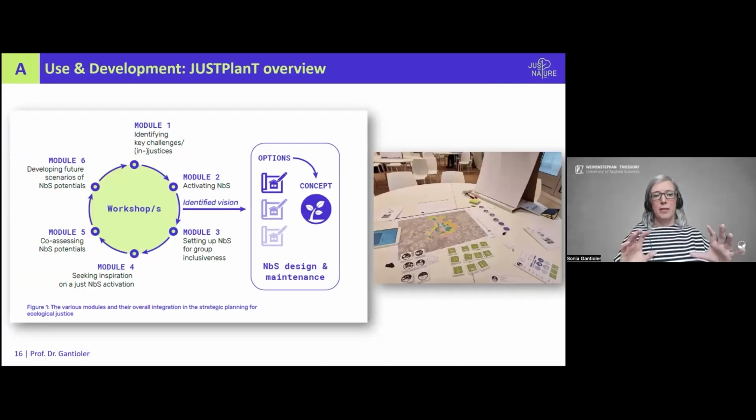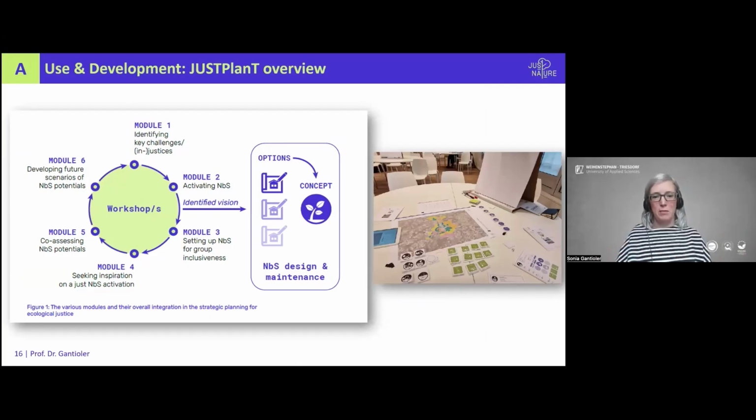And as said, it consists of different modules. Afterwards I'm going to introduce some of the modules. The important thing here is that you can use the modules individually, but you can also use them all in a workshop setting over 2 days if you would like to do so.